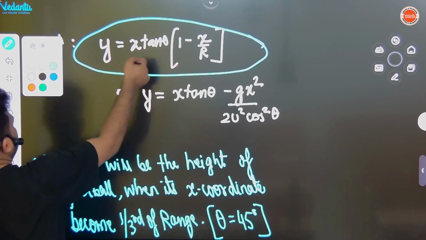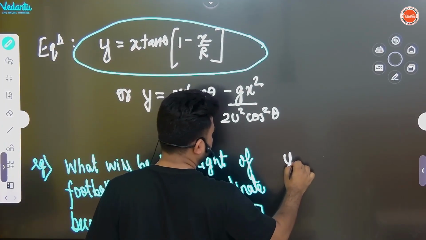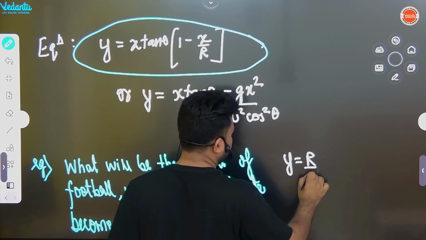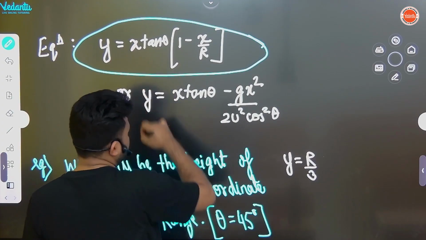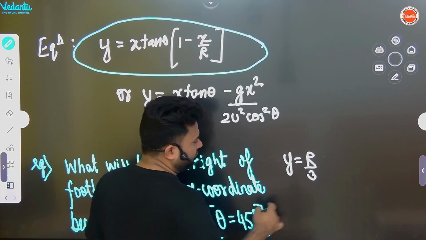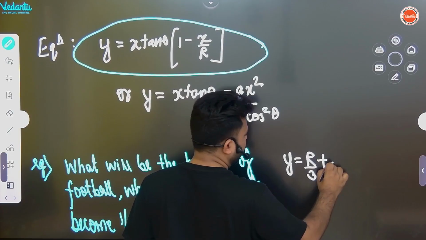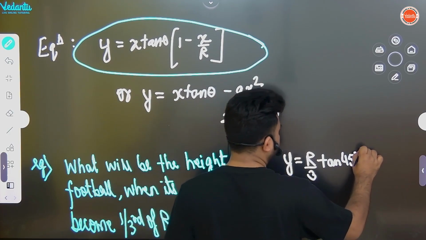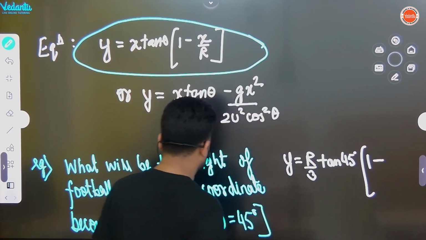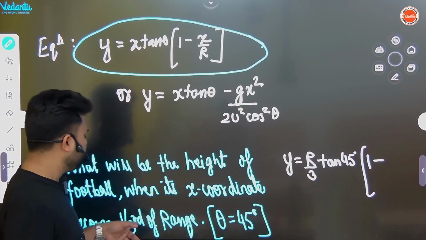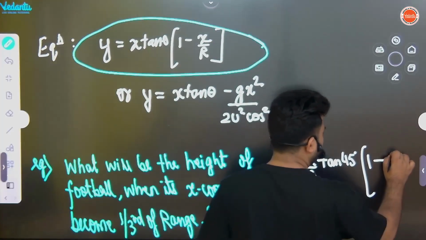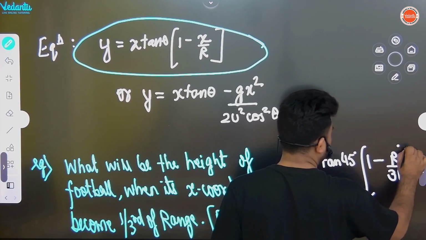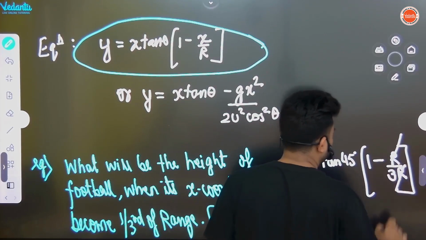So you can apply this equation now. Y they are asking equals x coordinate, which is 1/3 of range, so R by 3, times tan theta. Theta is 45, so tan 45 degrees is 1. Times 1 minus x coordinate, again R by 3, divided by R. Range gone.